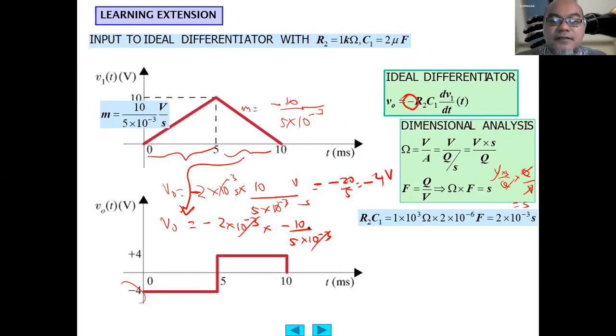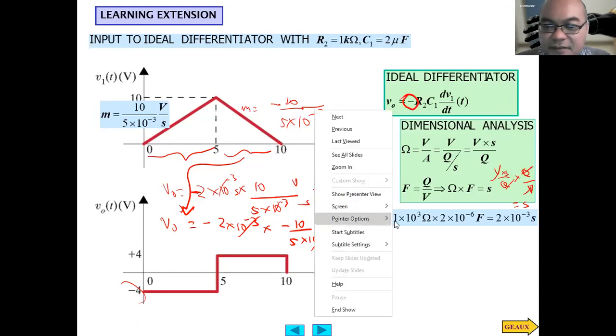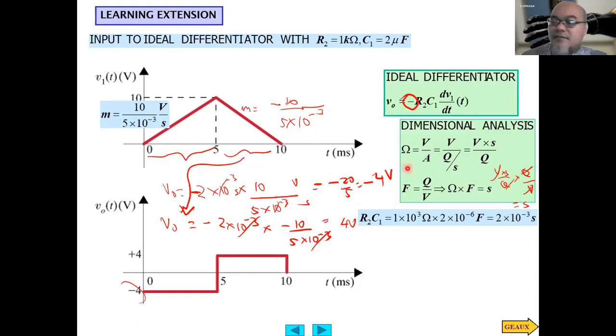These cancel each other. This becomes 20 divided by 5, which is 4 volt. Is it clear enough for everyone? Any questions? It's quite easy.